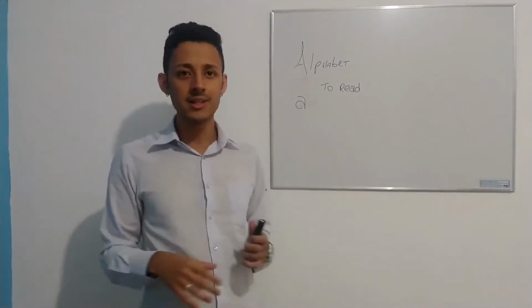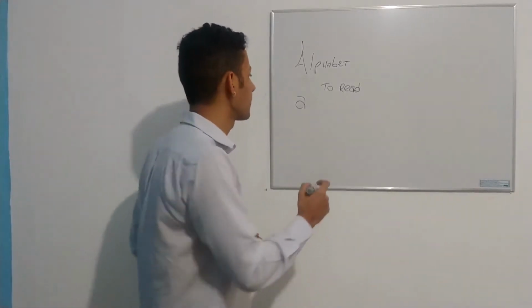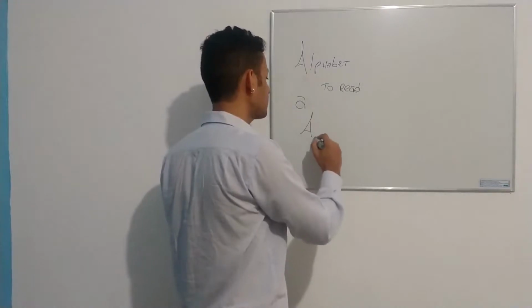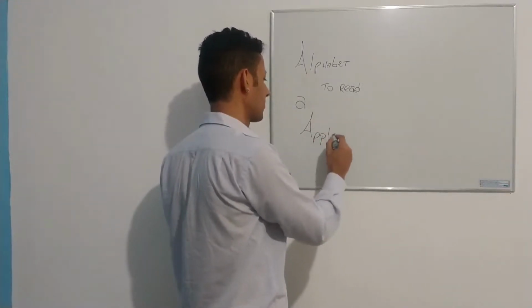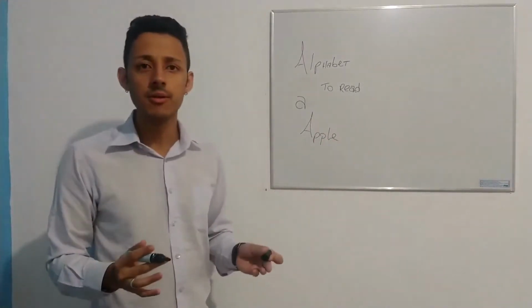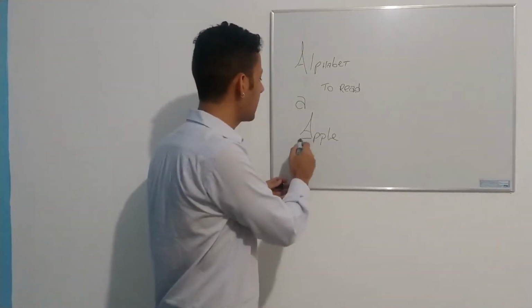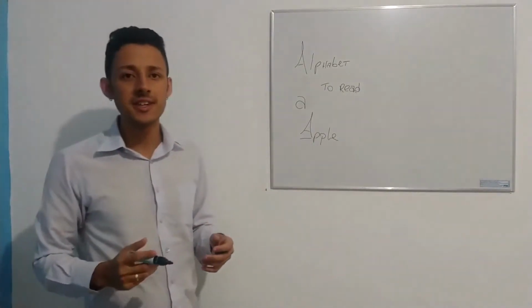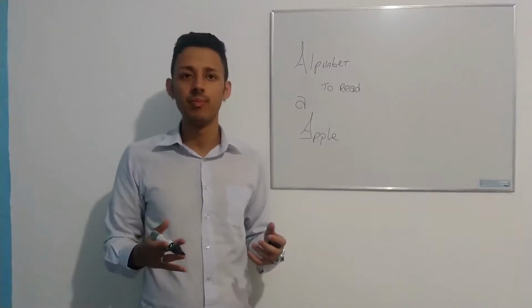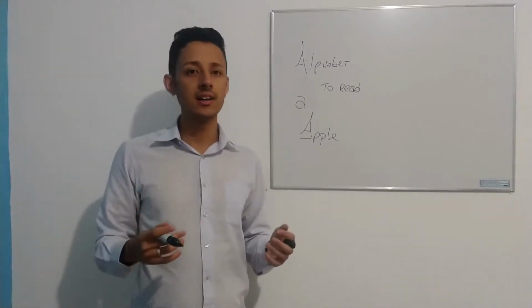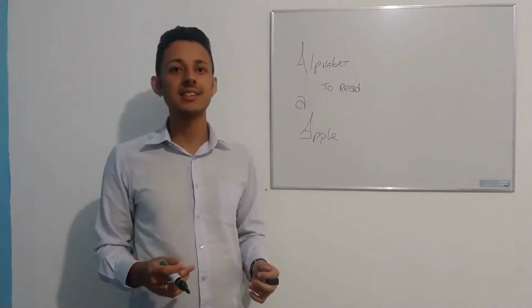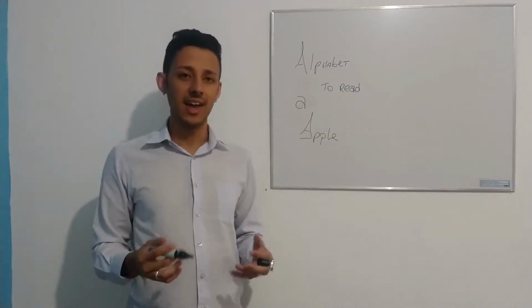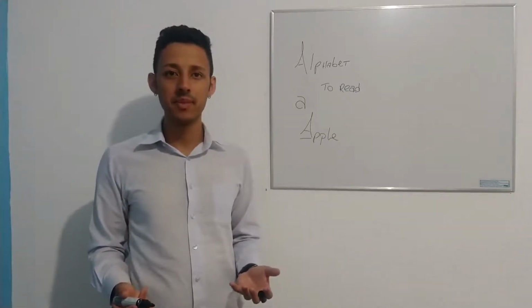So, as some examples, we have apple. Here, letter A is pronounced as E. It's not A, it's not A, it's E, like apple.